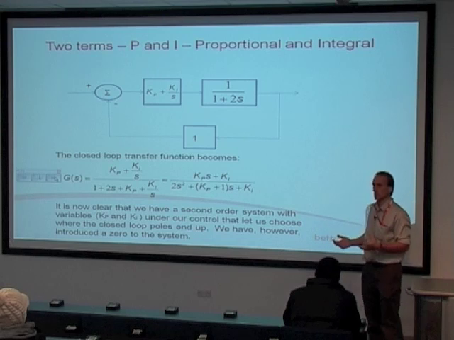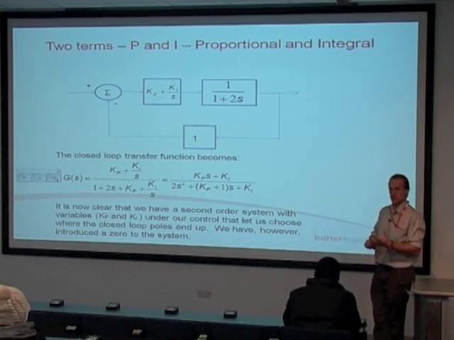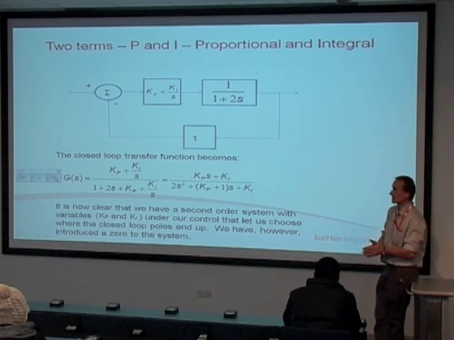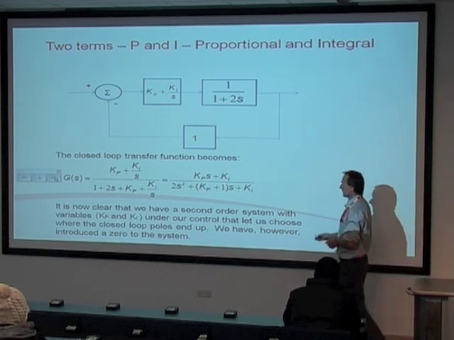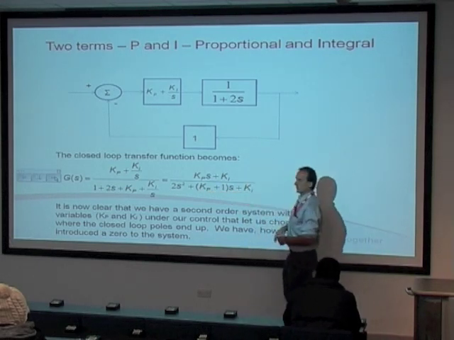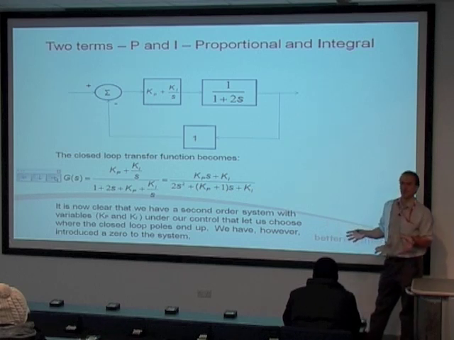So that means I've actually got control over both variables in that quadratic, omega n and zeta. Which is kind of neat, really, because if you can control both of those, you can do what you like to some extent. So by configuring my controller this way, I've got full control over the resultant dynamics.